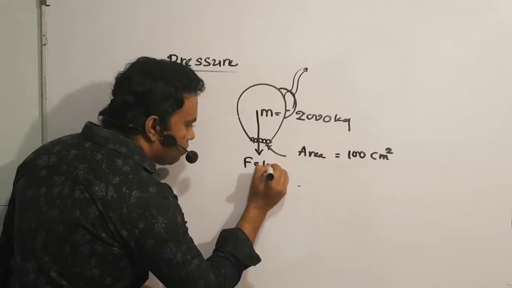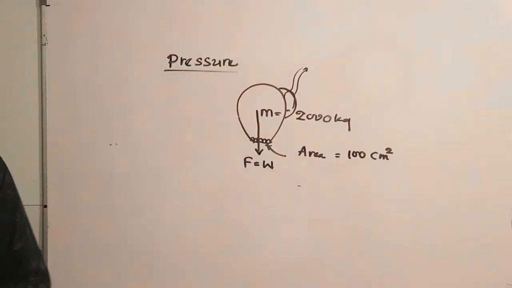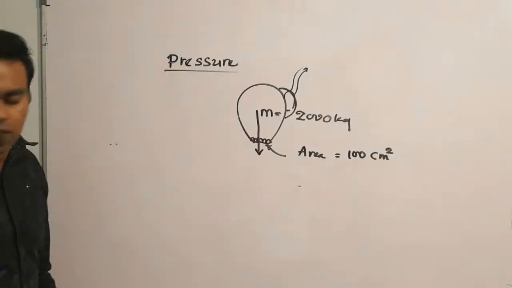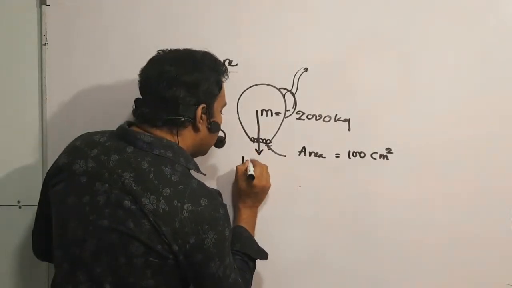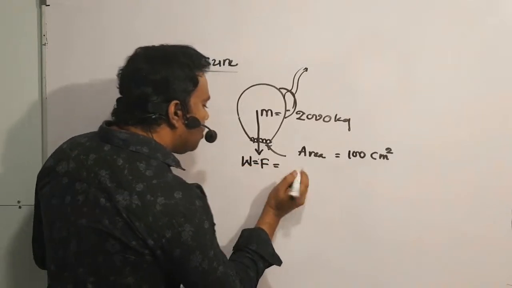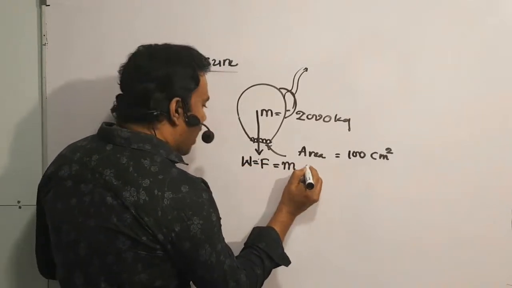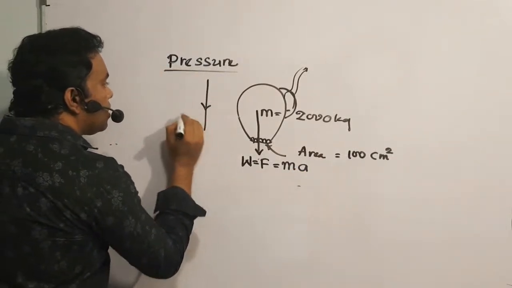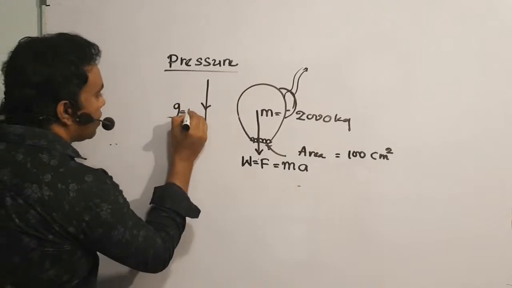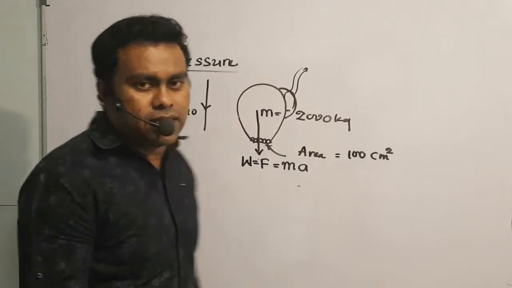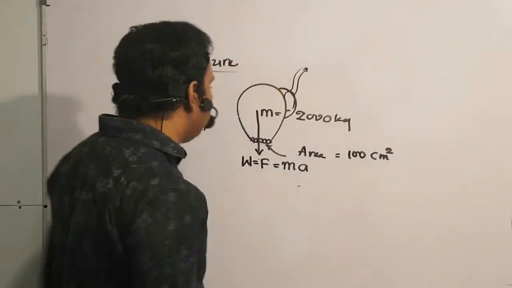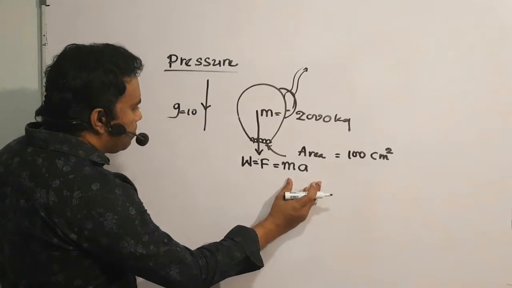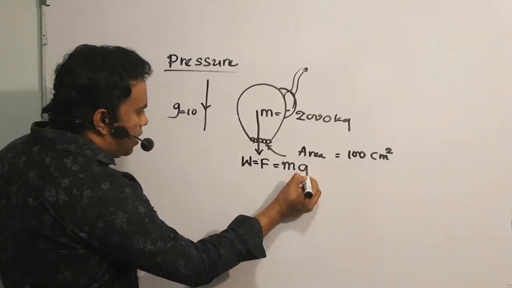Actually weight. Okay. So you can think vice versa. Weight equals force. Weight is a force. We know that. But you know force equals mass into acceleration. Here the downward acceleration is g, gravitational acceleration, that's usually 10. That's given in the exam. Mass into acceleration, so that's mg.